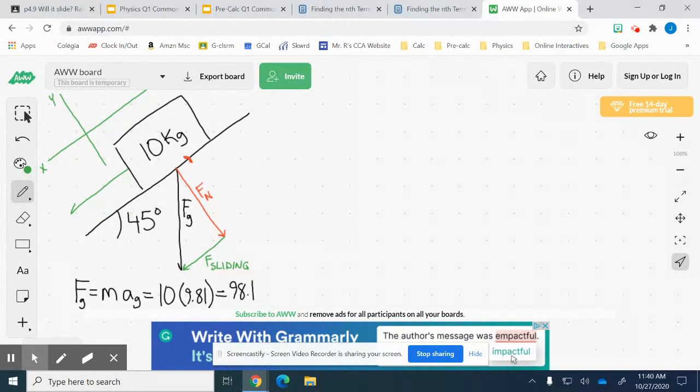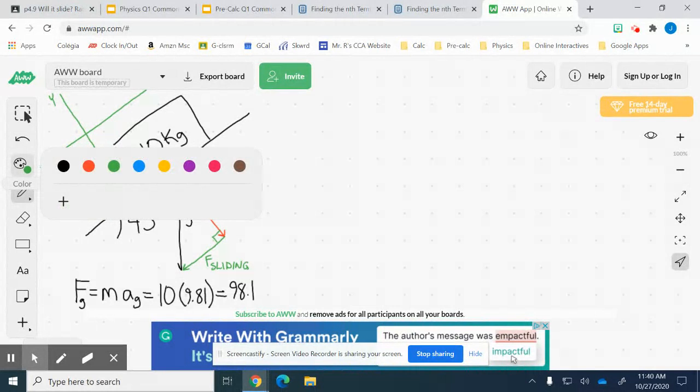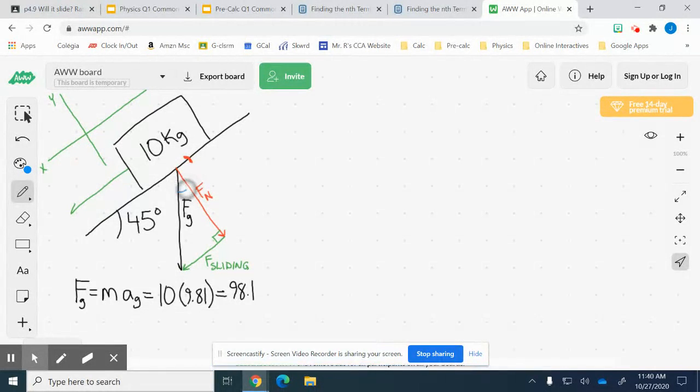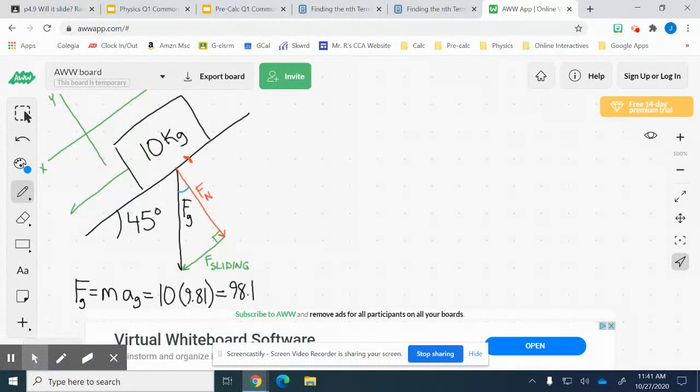And so that's a right triangle. And that makes the force of gravity the hypotenuse, which means that we can solve for things like that. So that angle there is going to be the same as the one down at the bottom of the ramp. That's going to be 45 degrees also.